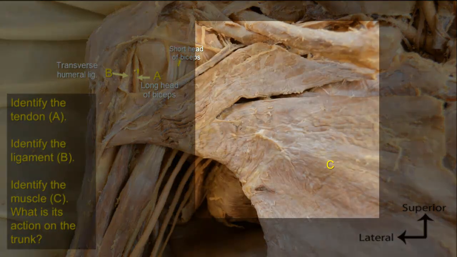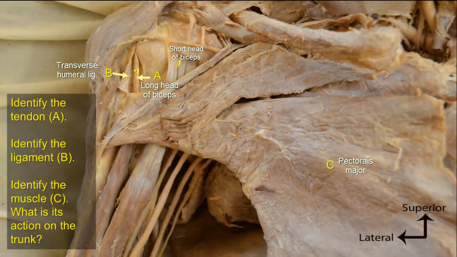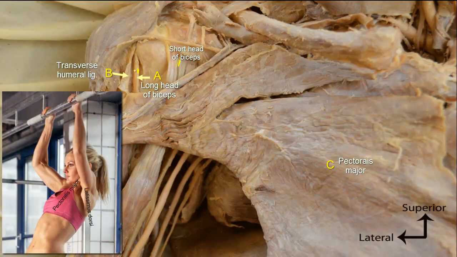Identify the muscle C. What is its action on the trunk? C is pectoralis major muscle, and the muscle extends from the clavicle and thoracic wall, sternum and upper six costal cartilages to the humerus. It mainly acts on the shoulder joint, but from a fixed insertion, when the upper limb is fixed, such as by holding a bar, the insertion of the muscle will be fixed and the muscle will act from its origin.